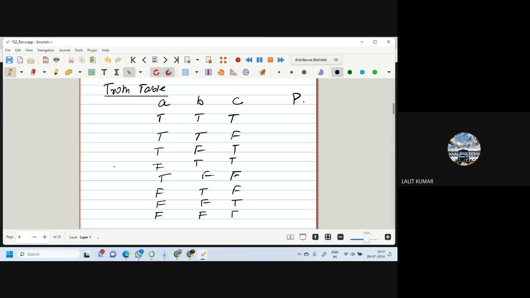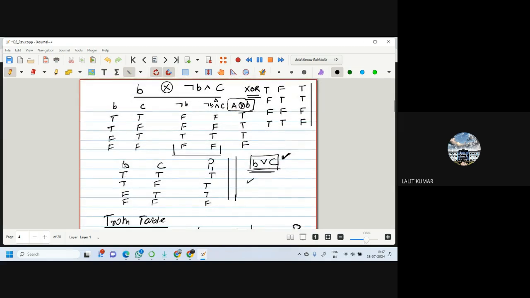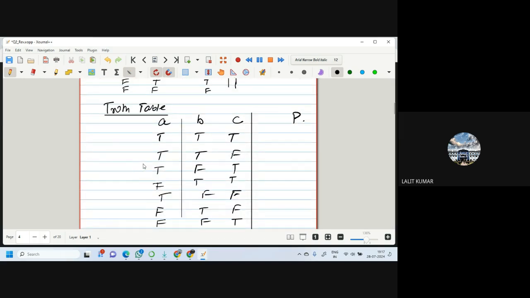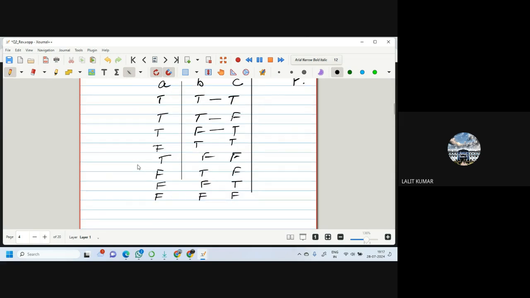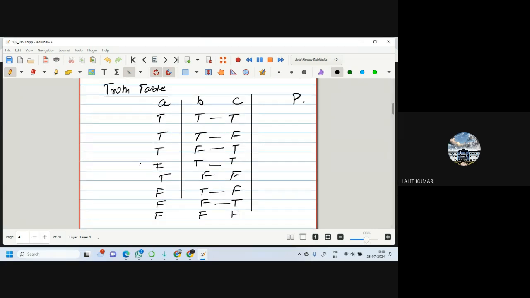So from here, you select the rows where it was becoming true. So T, T, T, F, F, T. You select these rows: TT, TF, FT. So these are your GACC rows.